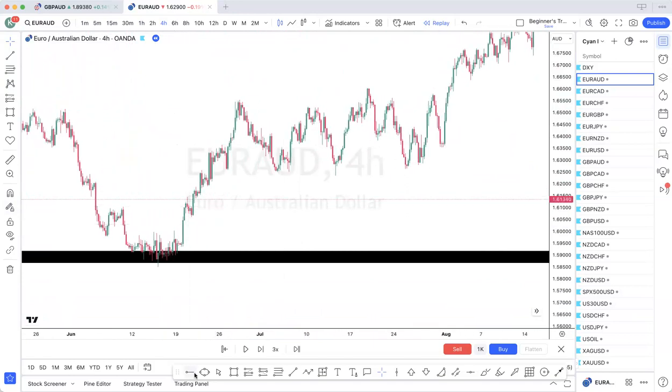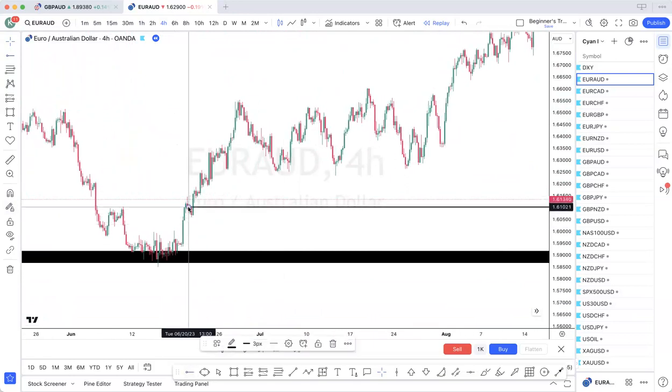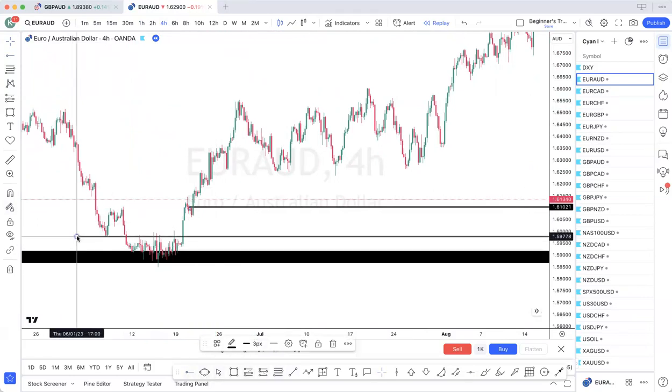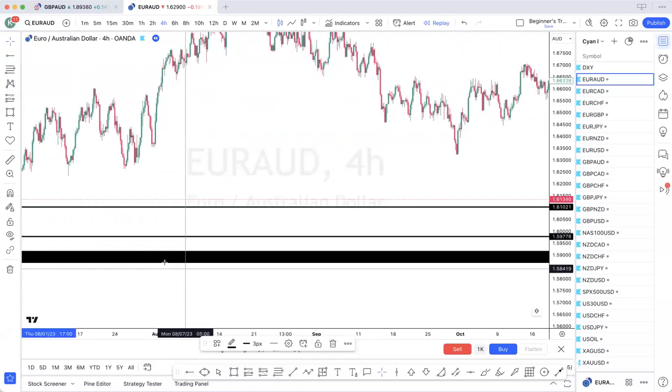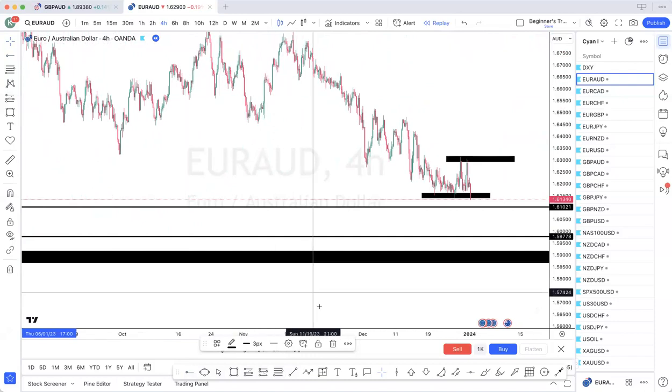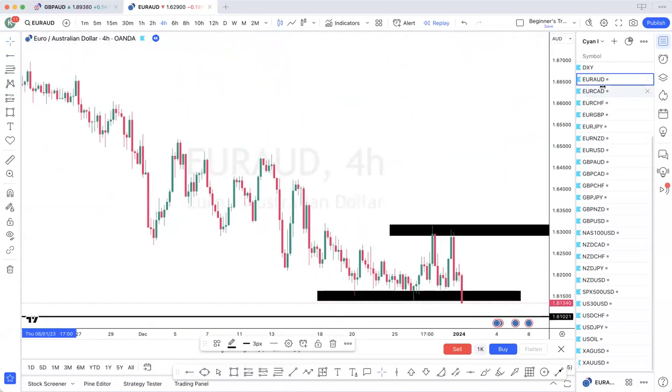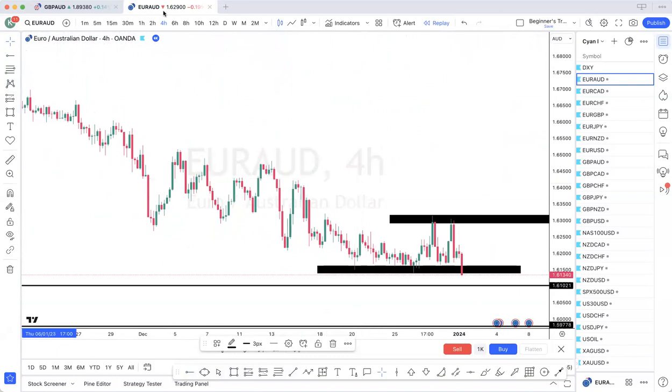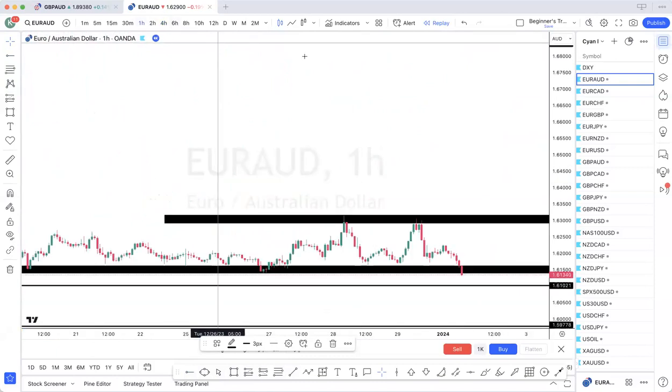So okay, we have an order block here, so price may bounce here, push back up, and maybe push back down. But then we have the key level, which is right here. Okay. So now let's go back to the 1-hour.